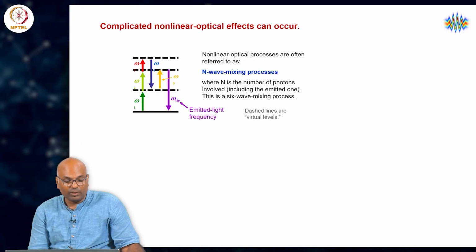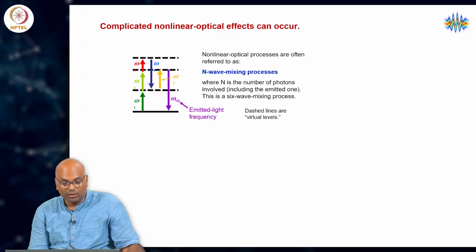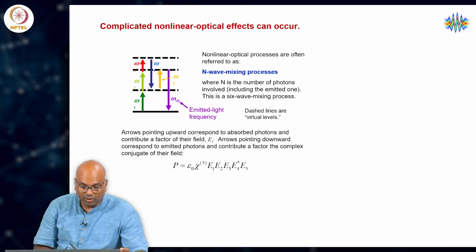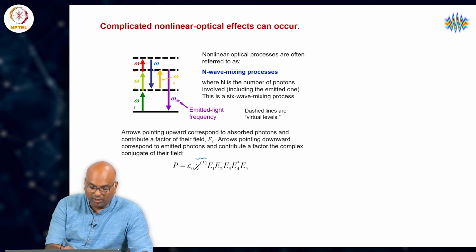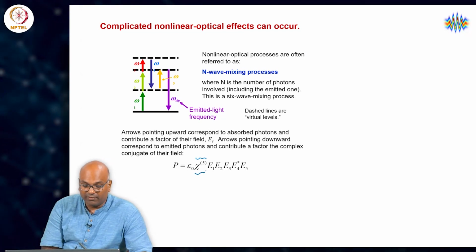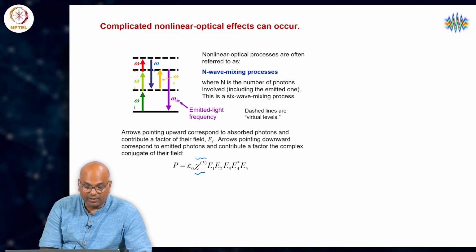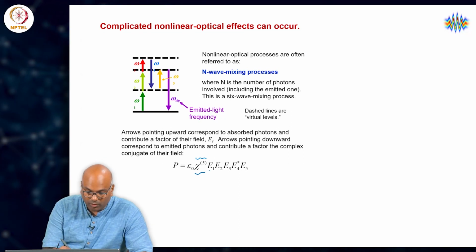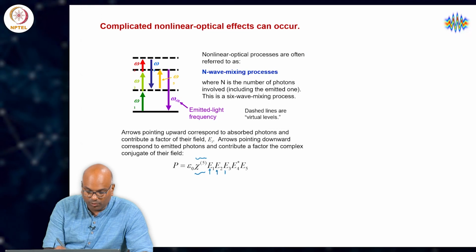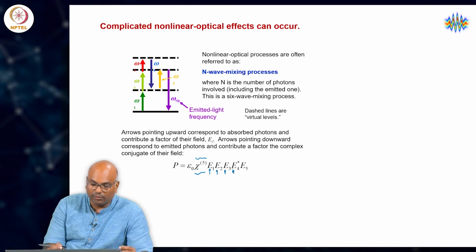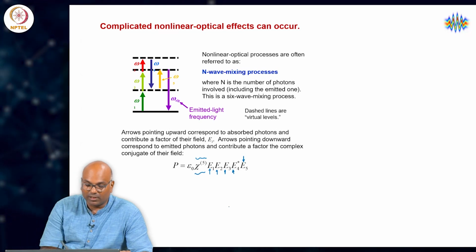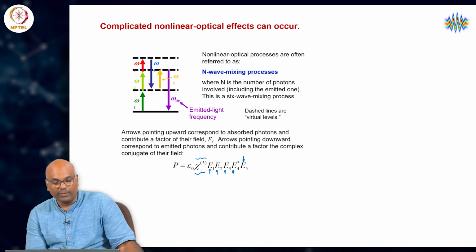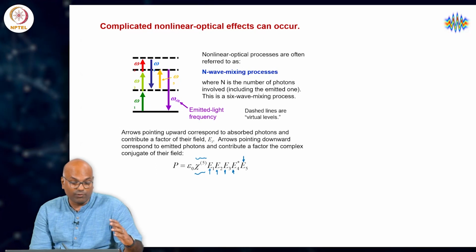But then we took a fairly complicated scenario where we essentially took a fifth order process, where the chi in question is chi 5, and we have 5 fields where there are 4 incident fields E 1, E 2, E 3, E 4 and equivalently E 4 star, and the signal is the field E 5. So, this is a 6 wave mixing process.